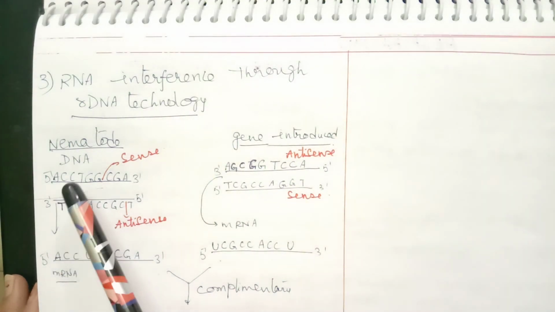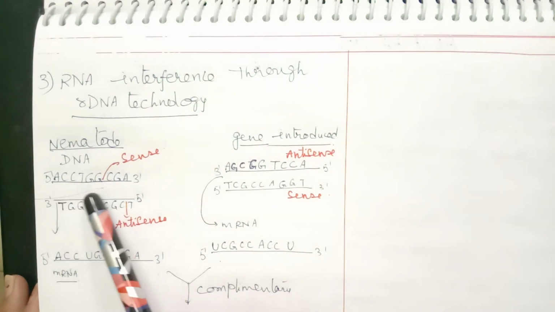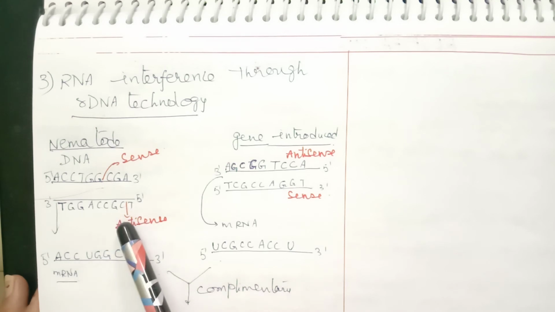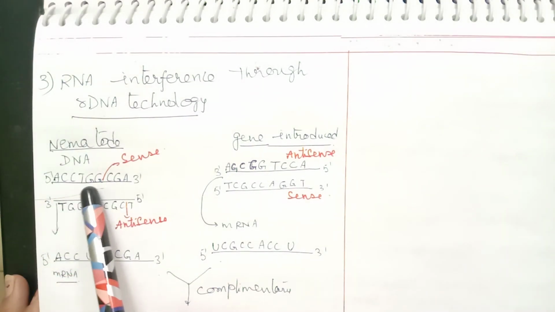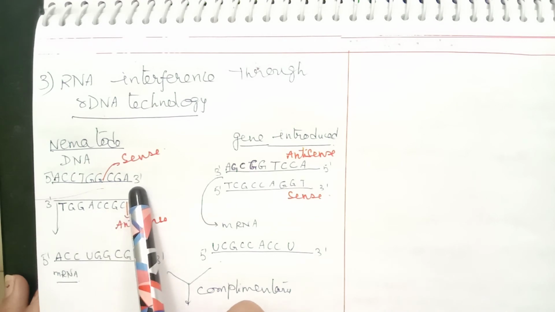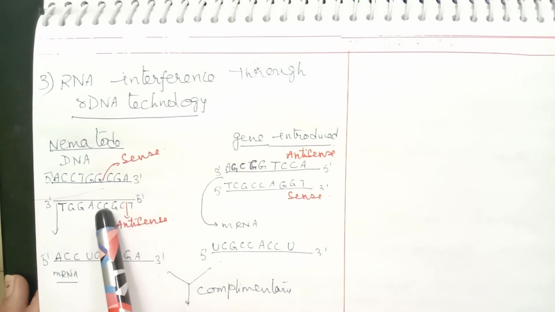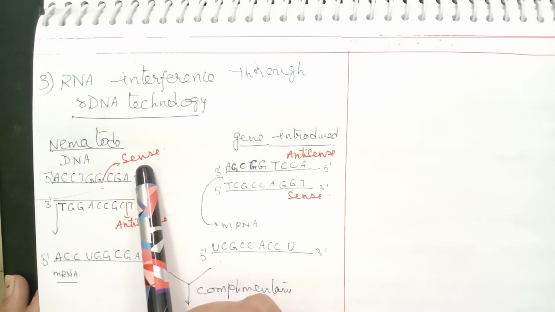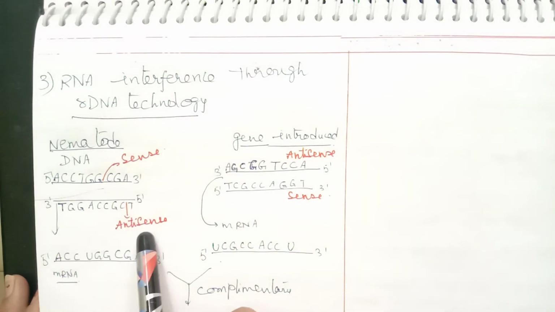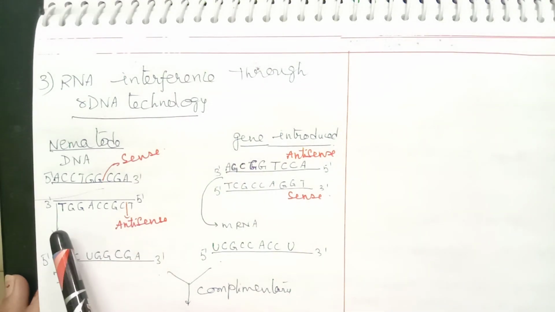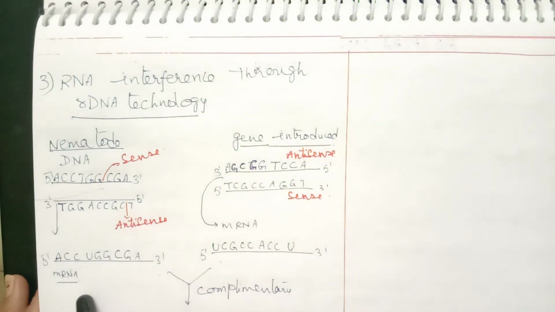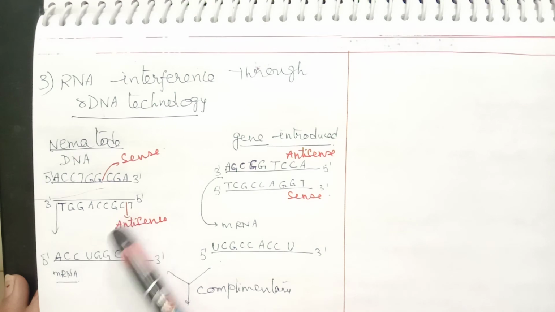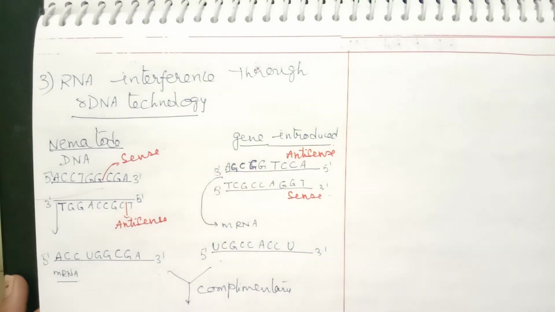For the nematode DNA, I have taken a hypothetical small fragment. You can read it here: ACCTGGCGA, on the 5' to 3' strand, that is called the sense strand. The other one is the antisense strand, TGGACCGCT.